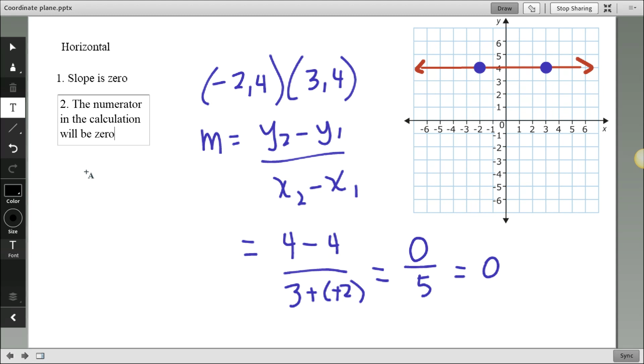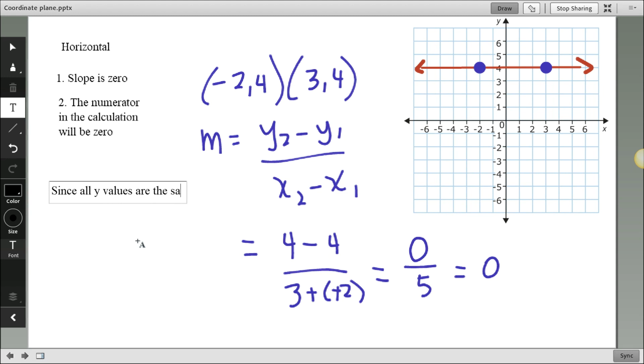Now, how do we write the equation for this line? Well, let's move down here. Since all y values are the same, the equation will always be y equals that number.